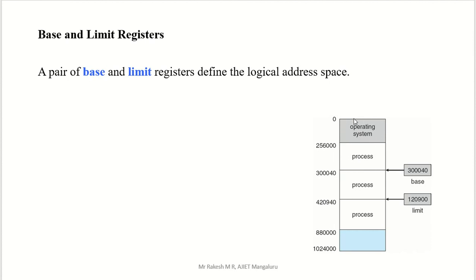The OS will take this memory area, and the remaining entire area, from here to here, is given to user space. So in main memory, we have a small part for the operating system, completely handled by the operating system, and the remaining part is handled by user space, that is, for user purposes, mainly for process execution.